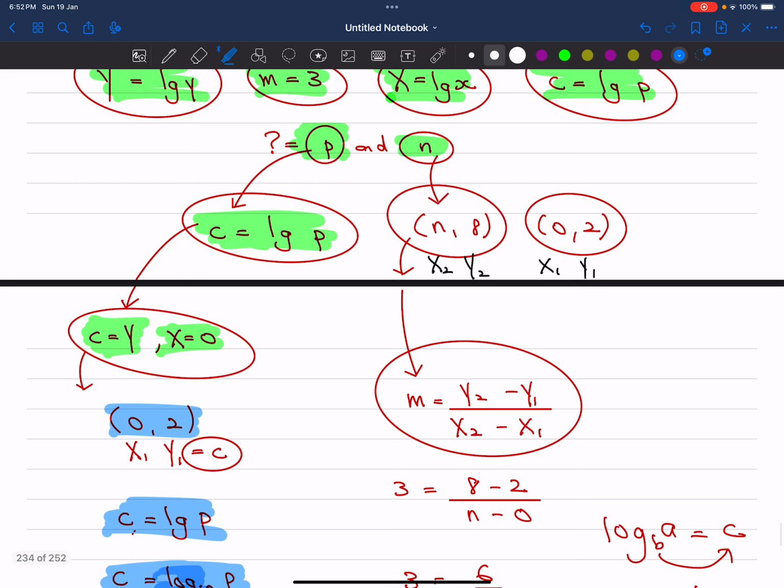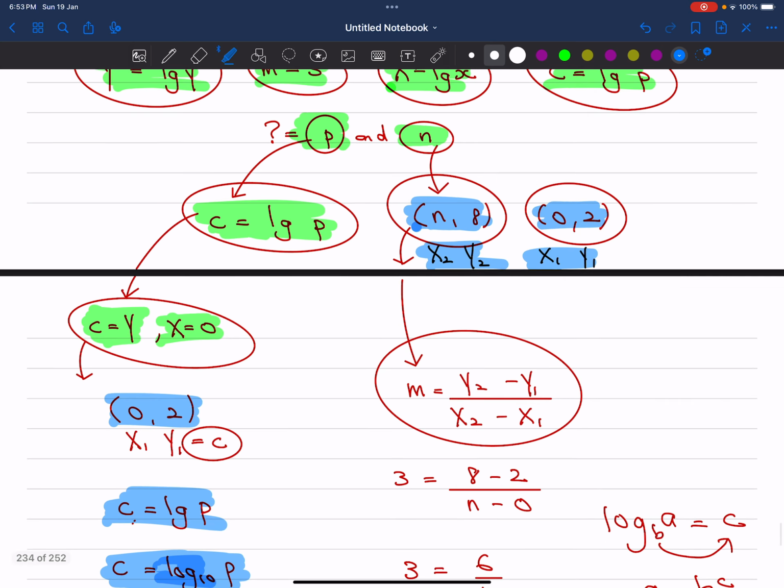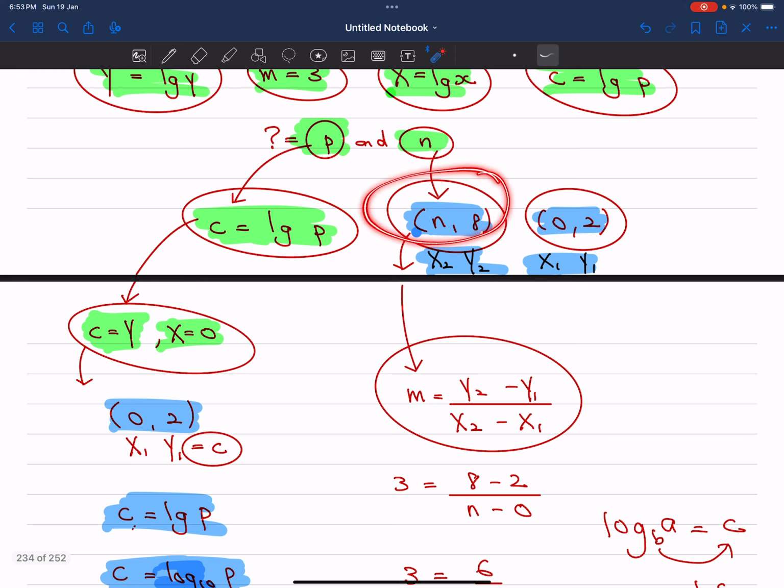Now, second, we need to find n. I said go to the information regarding n, which is the coordinate (n, 8), which was X2, Y2. And we also had another coordinate (0, 2), X1, Y1. Since we have 2 coordinates, we can use the formula of gradient.